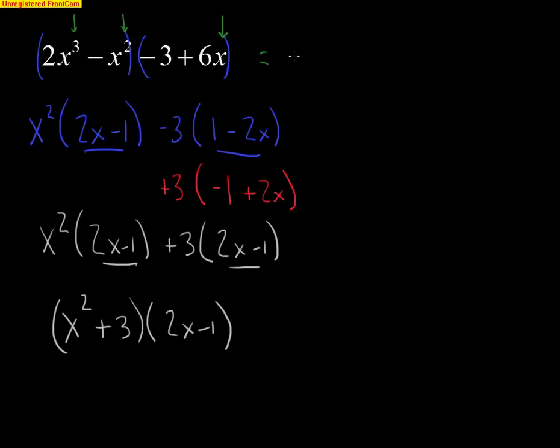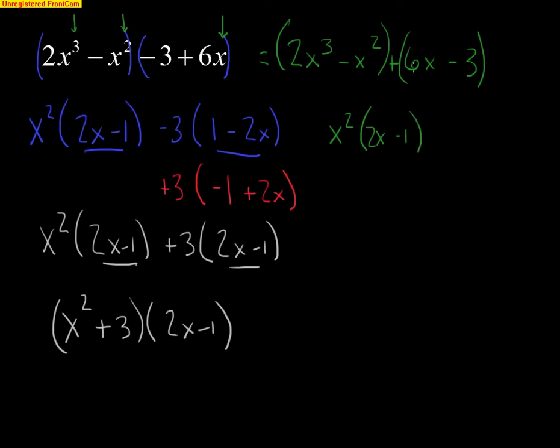So if I actually wrote this in standard form of 2x cubed minus x squared plus 6x minus 3, that would have been a lot easier, by taking out an x squared and having the 2x minus 1, and taking out a 3 here and having the 2x minus 1.